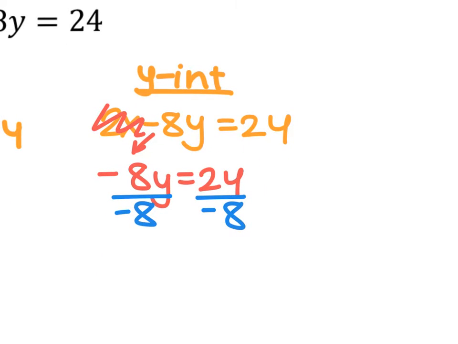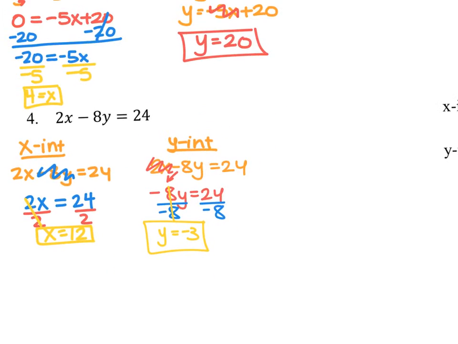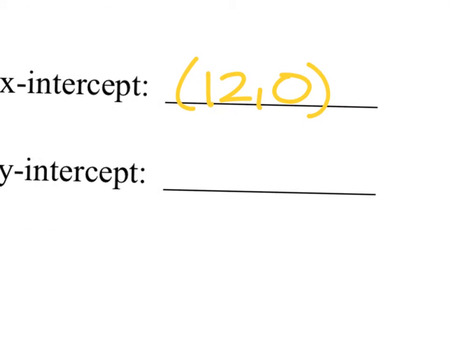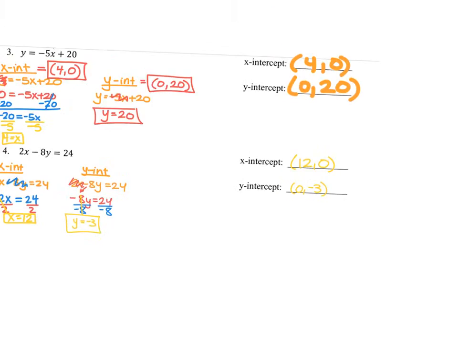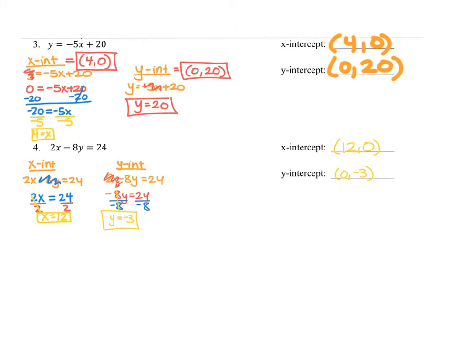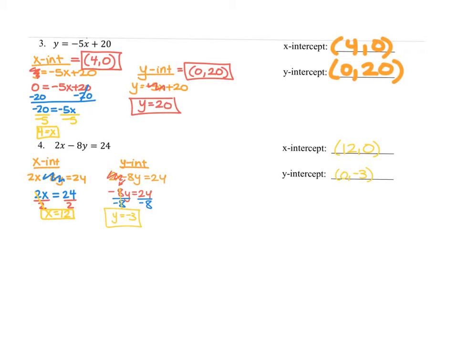And we get, let's see, y equals negative 3. So negative 3 is my y-intercept. And that's it, guys. So there's your x and y-intercepts. If you need to go back and rewatch, you can. But we're going to move on to the examples from the notes for today.